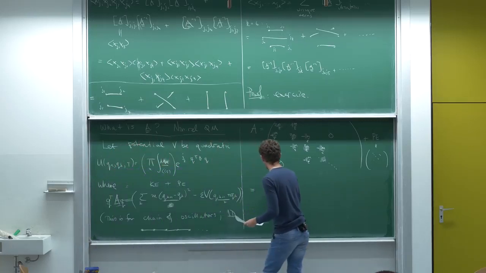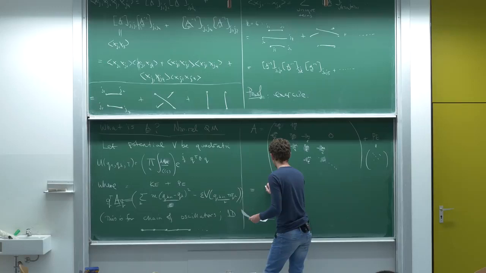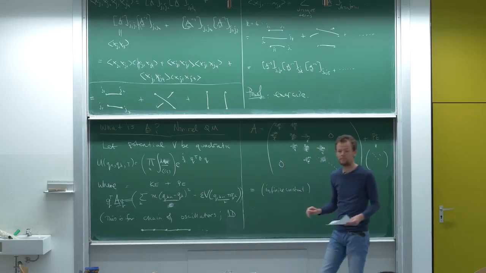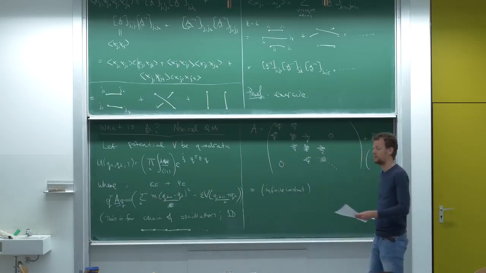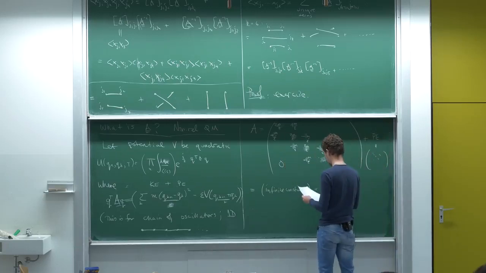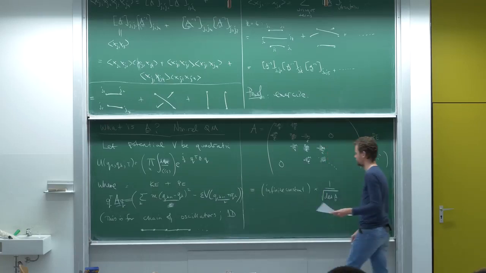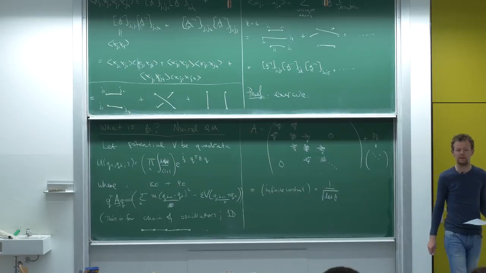We get some infinite constant times the inverse square root of the determinant. So you just look up the Gaussian integral.